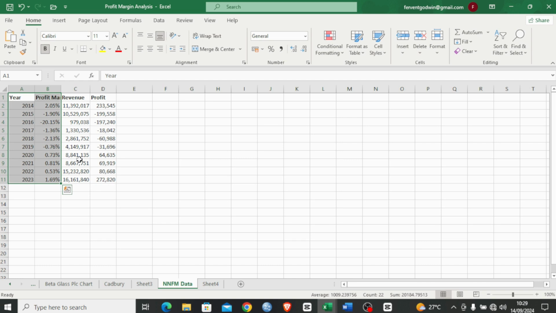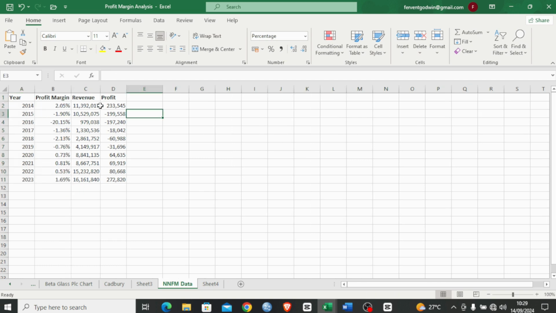So here we can see that we have the profit margin, which is a function of dividing the net profit by the revenue. Okay, so I think the system is acting up now.